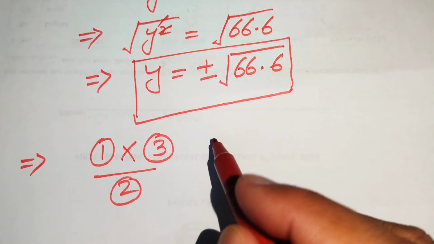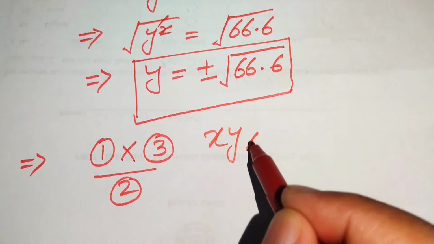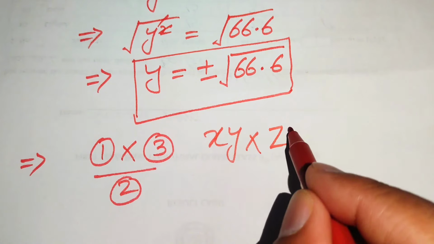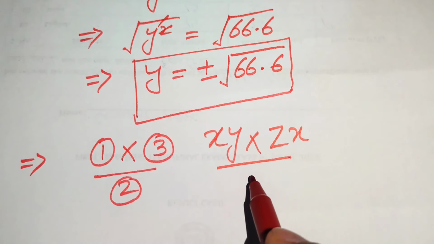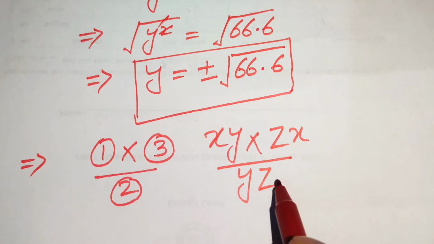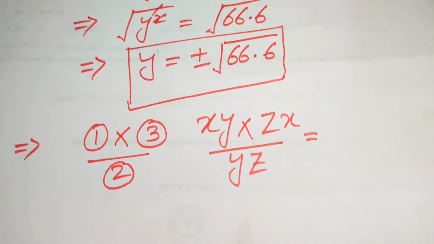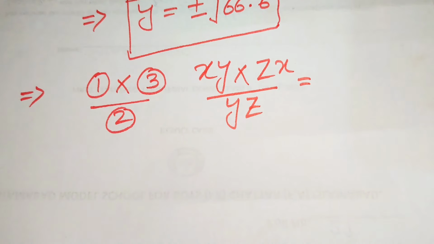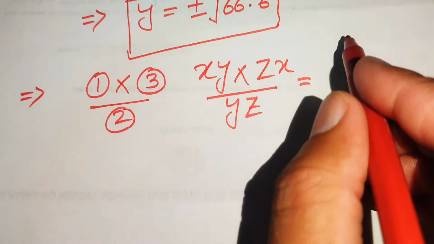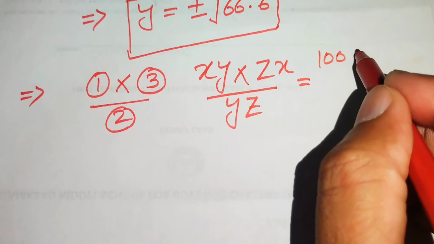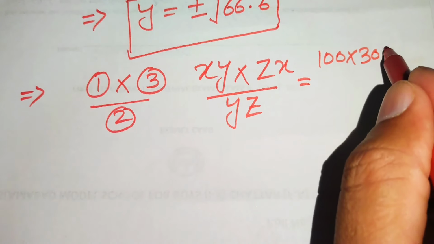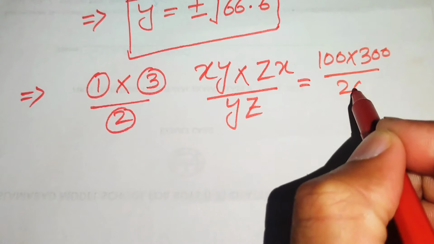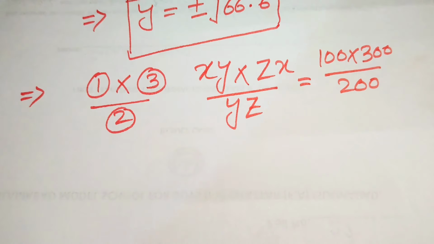So it is written as xy multiplied by zx, divided by the left hand side of equation number 2, which is yz. It equals 100 multiplied by 300 and divided by 200.